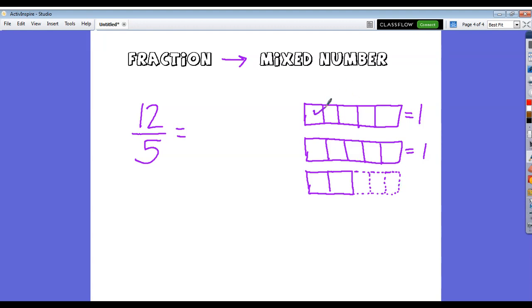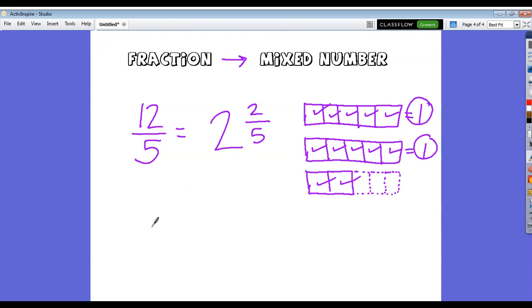So here's my picture. I have 1, 2, 3, 4, 5/5, 6, 7, 8, 9, 10/5, 11, and 12/5. So if I were to look at this picture, I have 1, 2 wholes, and then 1, 2 extra fifths. So 12/5 is equal to 2 and 2/5.